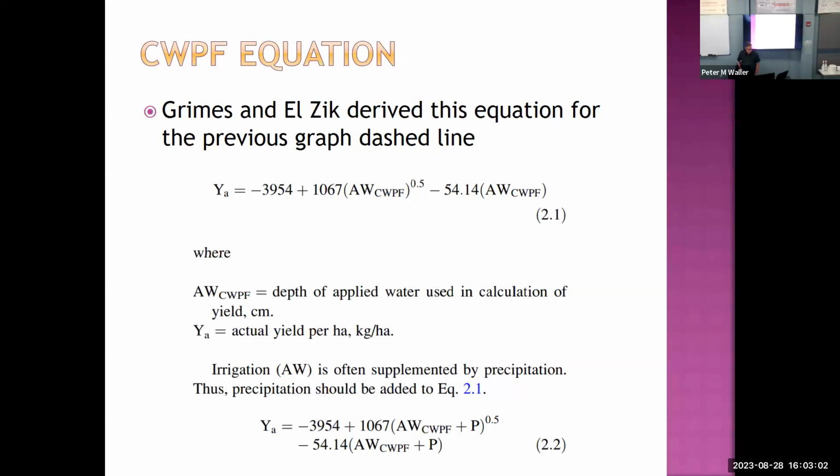I think more commonly, researchers have used a quadratic equation, the squared and the constant and the linear, or even a higher third or fourth order polynomial. But this obviously fit their data well, so they used it.